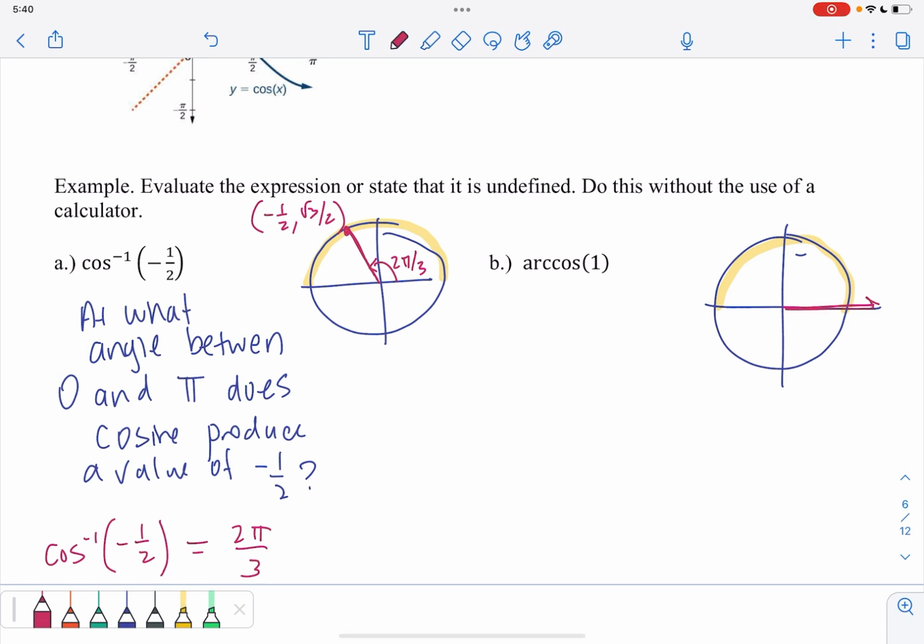That happens right here at 0 radians, because at that place I have the point (1, 0). And so the output here is going to be 0 radians, because this angle has a measure of 0 radians, and when I do cosine of 0, I get an output of 1, and 0 is in the interval 0 to pi.